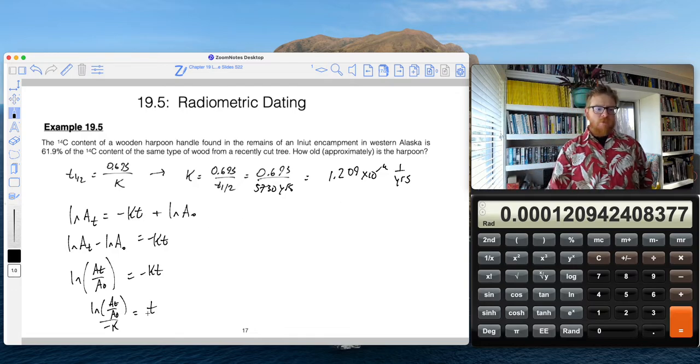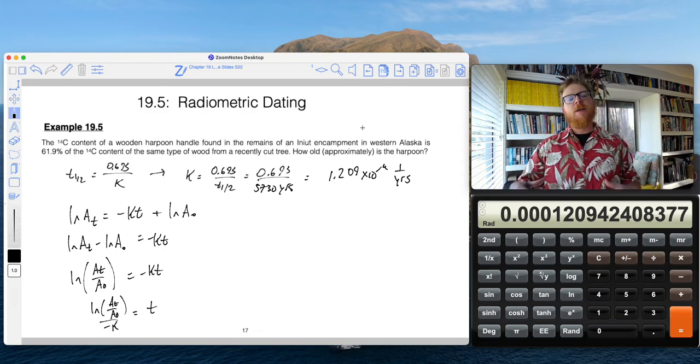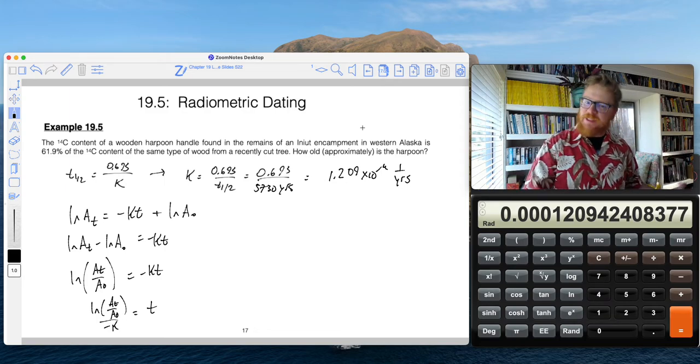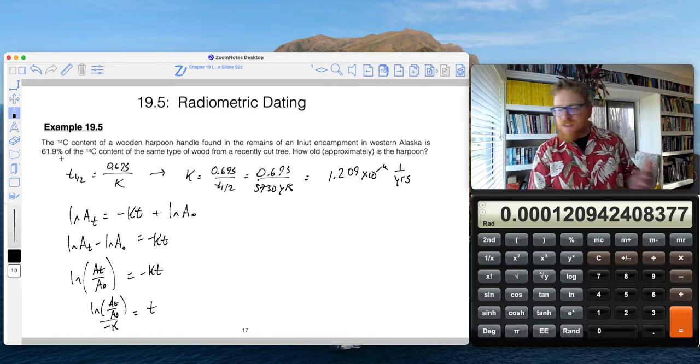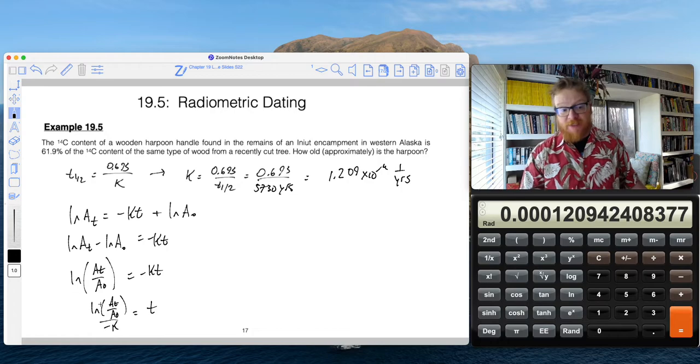Now you notice that we don't have an A_t or an A_0, but instead, because someone did a careful experiment and found the same type of wood from a recently cut tree, and it was 61.9% of that carbon-14 content, we can replace this ratio with 61.9% expressed as a decimal.